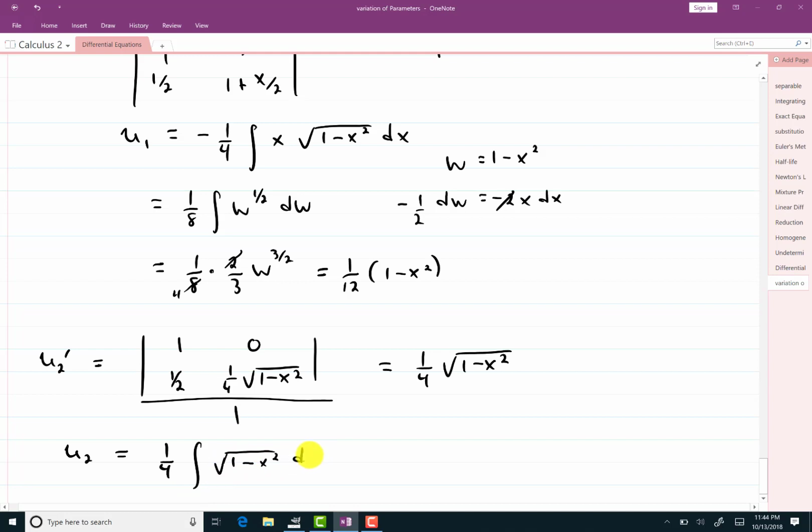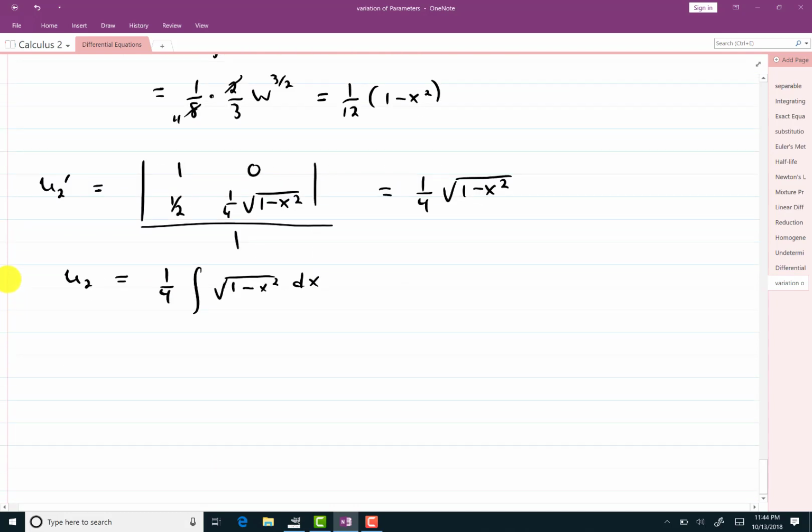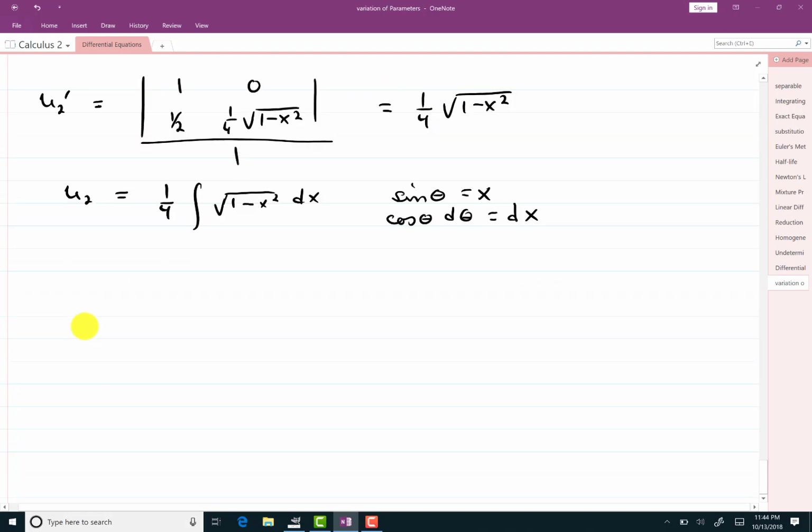Probably the easiest way to do this is with a trig substitution. I don't happen to know the formula off the top of my head. So it might be best to allow sine of theta to equal x. Then cosine of theta d theta will be dx. So what do we have here? I have 1/4, the integral. Now instead of 1 minus x squared, you're going to have 1 minus sine squared of theta.